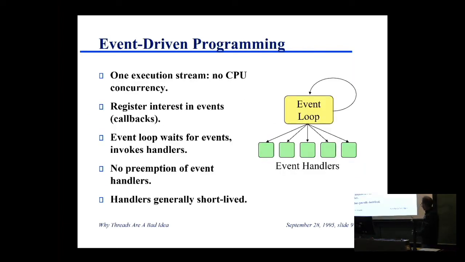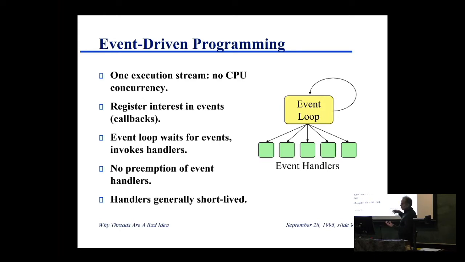So the alternative, event-driven programming: one execution stream, no CPU concurrency. One model of an event loop is that handlers register a callback that the event loop calls. That's another slight variation of the event model.